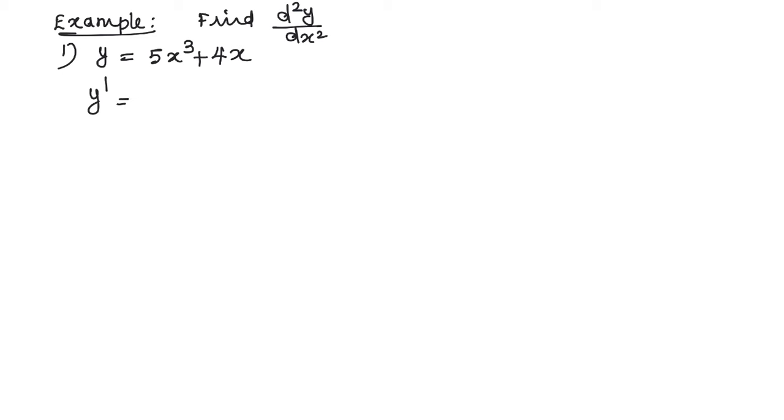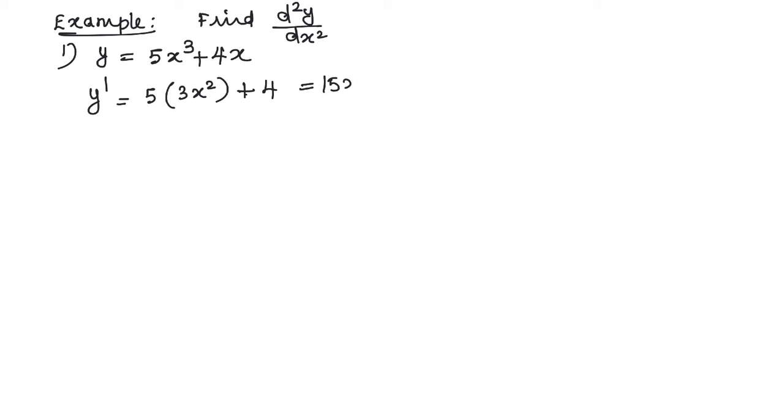Let's do some examples. Example 1, y equals 5x cube plus 4x. We need to find the second derivative. So first find the y prime. This is the same as dy over dx. So apply the power rule. So 5 times 3x square, derivative of 4x is 4.